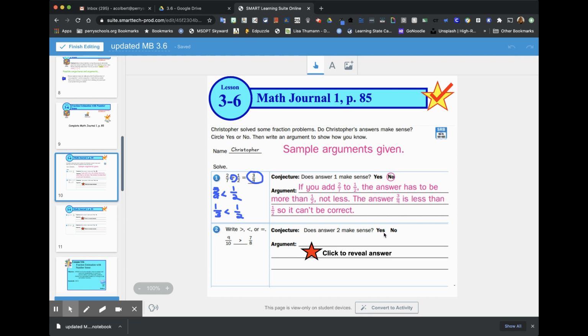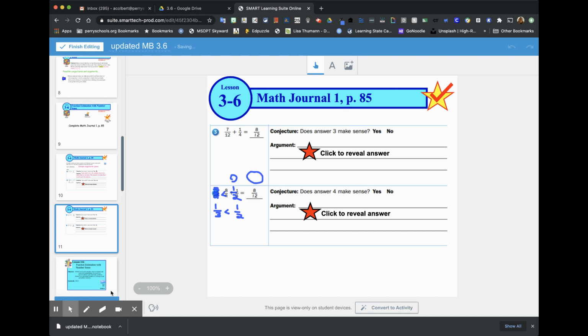Does this make sense? Tell me why or why not. Then number 3 is 7/12 plus 1/4 equals 8/12. Does that make sense? Tell me why or why not. And number 4, 8/9 plus 1/3 equals 8/12. Tell me, does that make sense? Why or why not? Pause your video now and come back and check 2, 3, and 4.